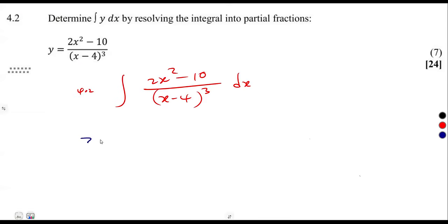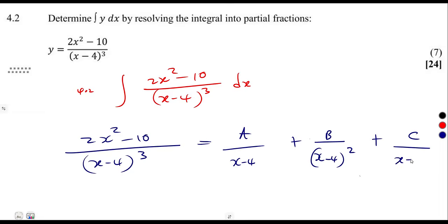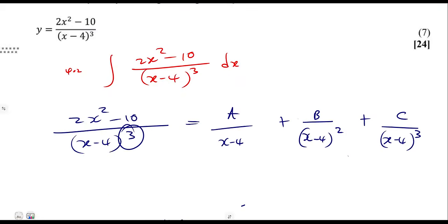So here, 2x squared minus 10 over x minus 4 cubed is equal to A over x minus 4 to the power of 1, plus B over x minus 4 squared, increasing the exponent up to 3, plus C over x minus 4 cubed. That's what you have here.